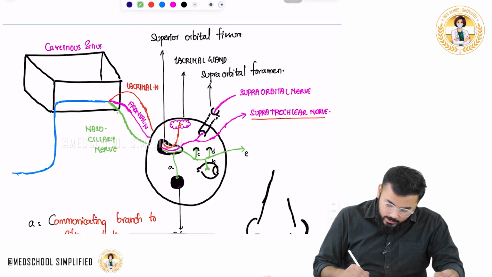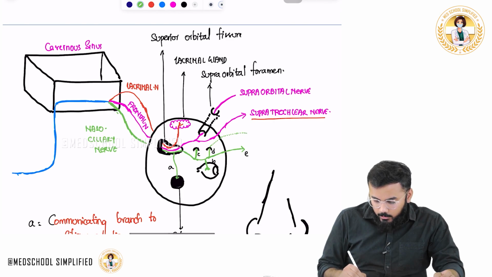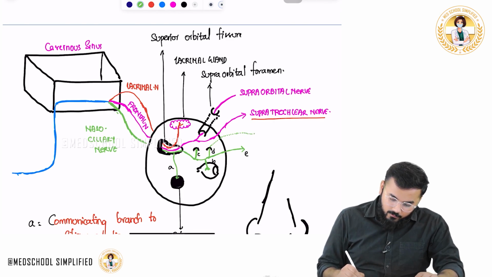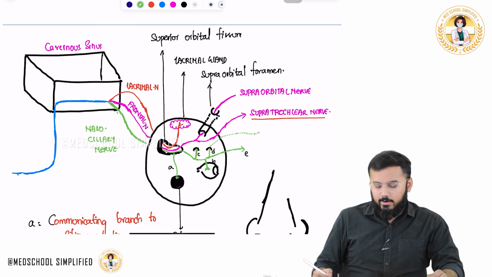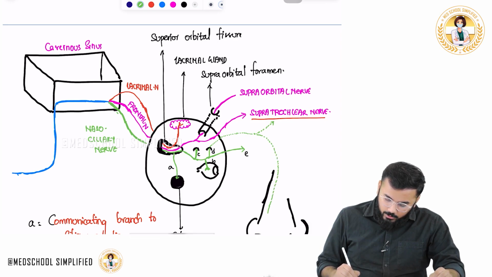Now, this posterior ethmoidal nerve, you see, is coming all the way outside like this. Once it comes all the way out, it gives two branches. One branch is going up like this, and another branch is coming all the way down and entering into your nose.